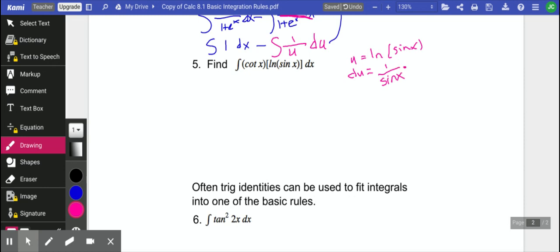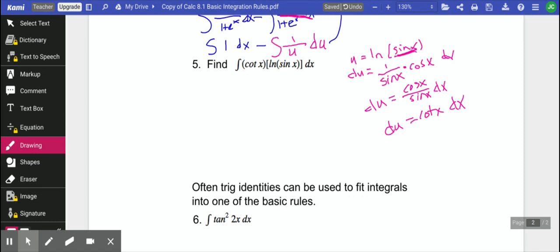So you have to do times the derivative of sine, which is cosine x. So that means du is cosine x over sine x. And trig identities, cosine x over sine x is the same thing as cotangent x.